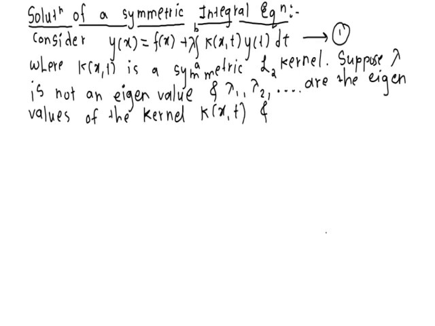And corresponding to these eigenvalues, suppose we have the eigenfunctions, say xi 1 of x, xi 2 of x and so on. These are orthonormal. This is very important.